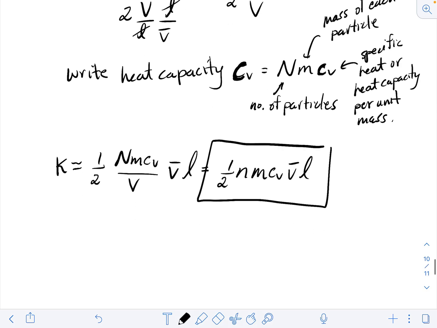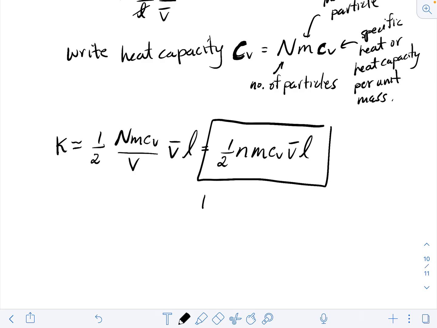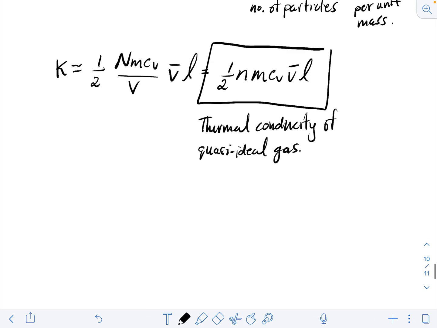And there we have the thermal conductivity of our quasi-ideal gas. So if you did a unit analysis, the units of thermal conductivity turn out to be watts per Kelvin per meter.